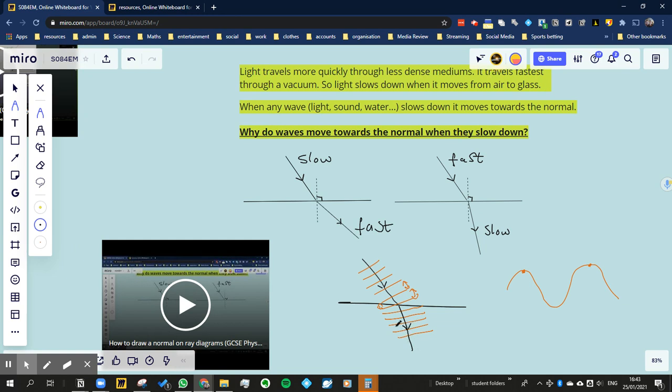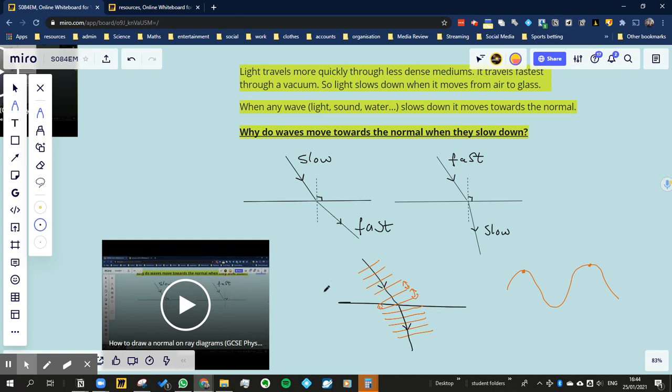Just to emphasize the point, this happens with all waves. All waves refract. They all refract in this way when they speed up, and in this way when they slow down. The difference is that if it was glass, then when it speeds up, it's going from a more dense to a less dense medium, maybe from water to air.